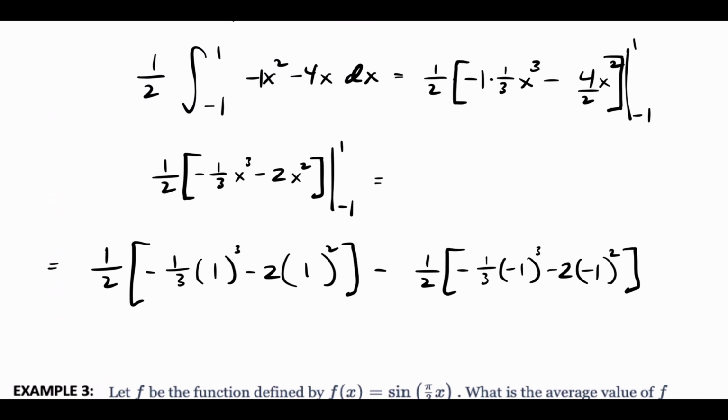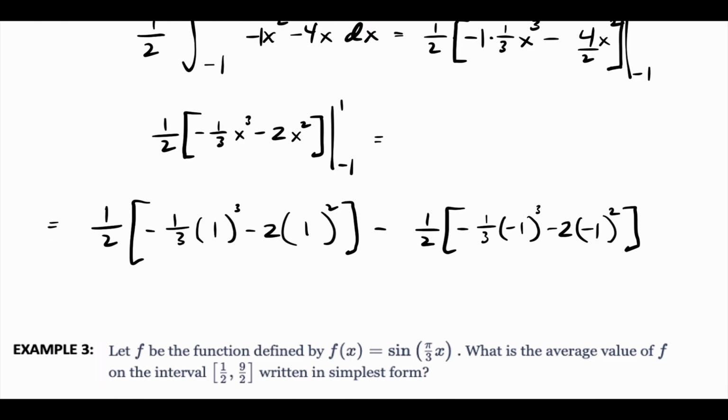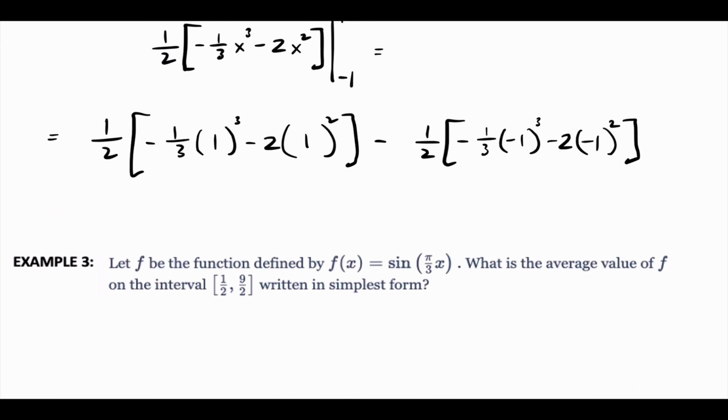Just like we've been doing. Everything here we've been doing. The only difference was the fraction in front, where that came from, the balance. So let's see. This is going to be 1/2 negative 1/3 minus 2. And this is going to be positive 1/3 minus 2.